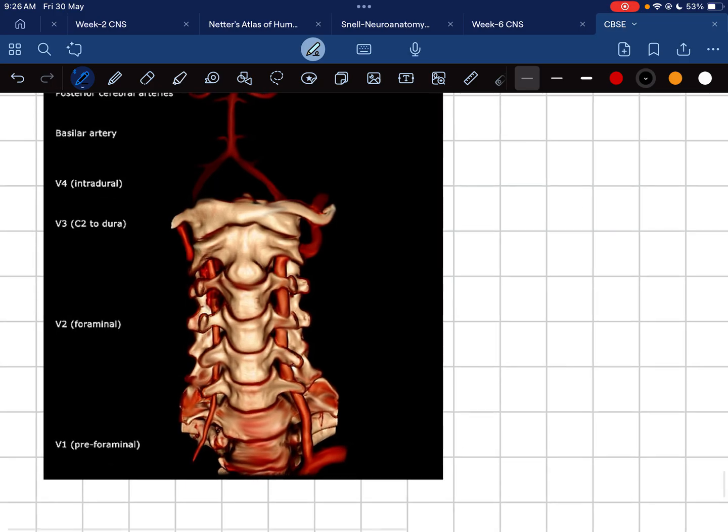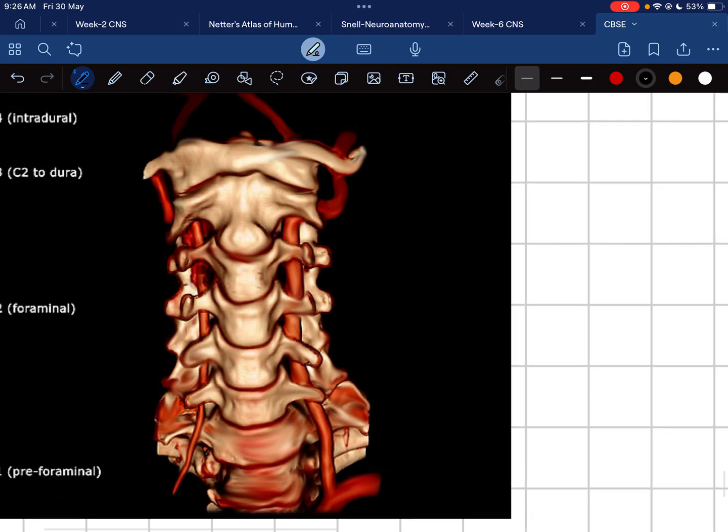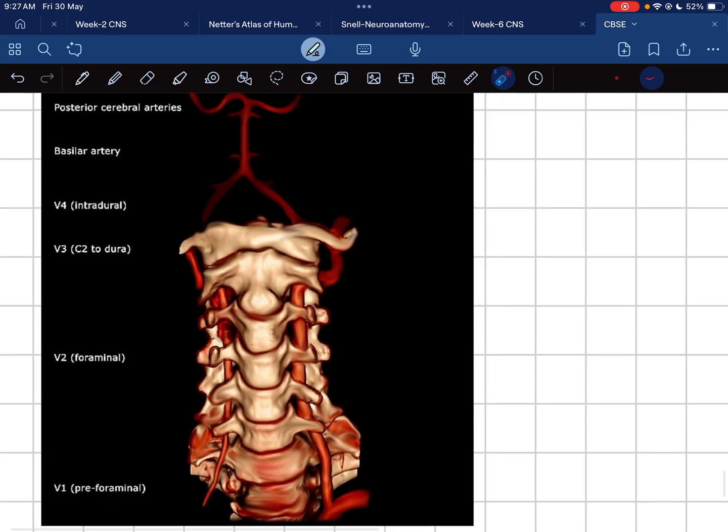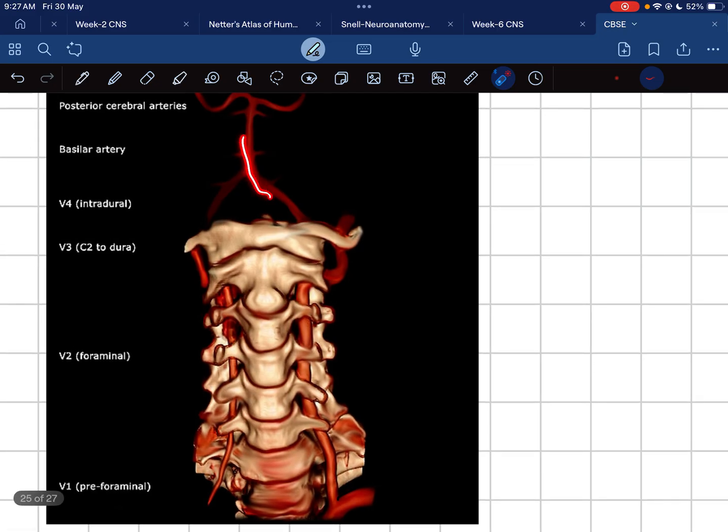After that, when we look at this image, after the origin, it goes and penetrates the transverse foramina of the cervical vertebrae, going up to the sixth cervical vertebra, and after that it goes posteriorly and comes anteriorly, and it passes through the foramen magnum.